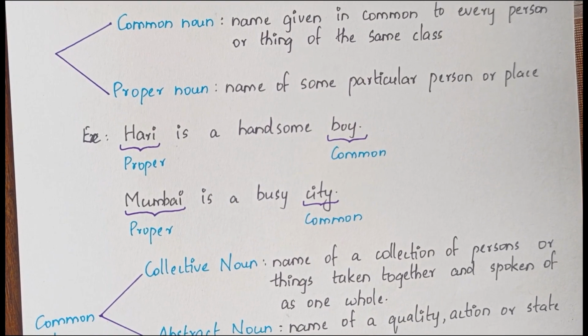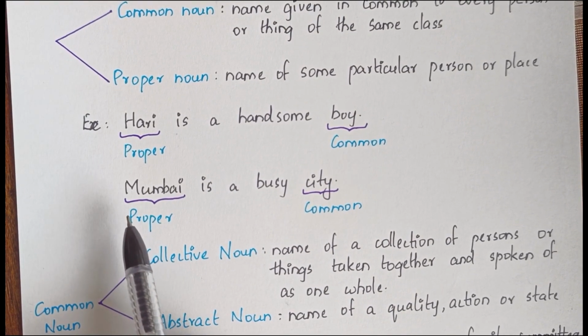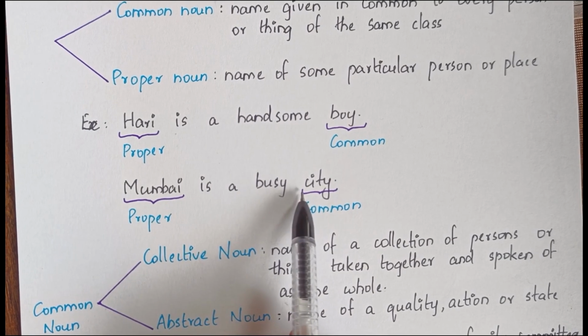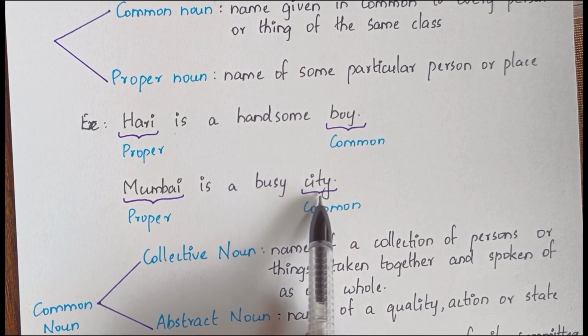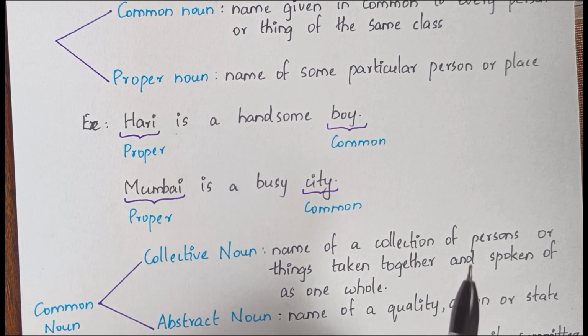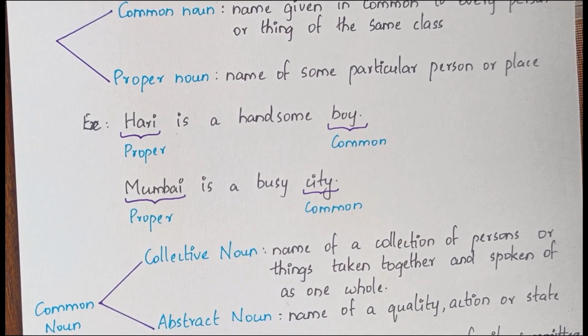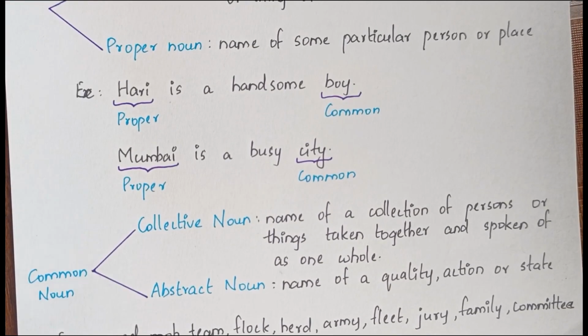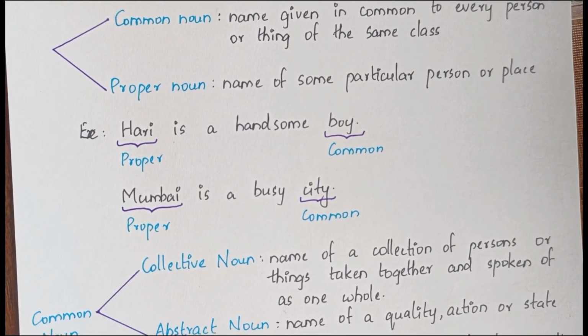Similarly, Mumbai is a busy city. Here, Mumbai is the name of a particular place. So, Mumbai is a proper noun, while city is a common noun because the word city can be given to any other cities also. So, that is the classification of common noun and proper noun.